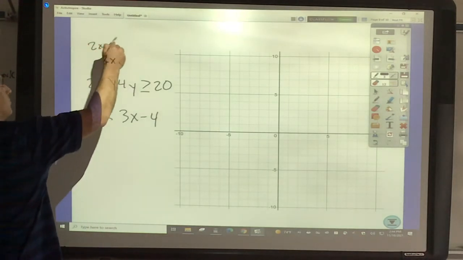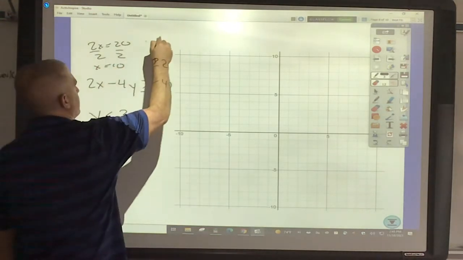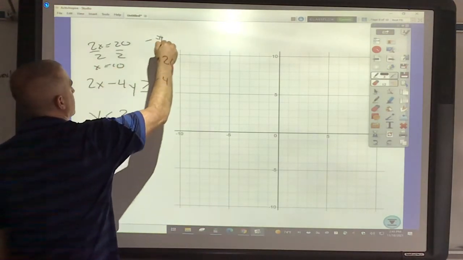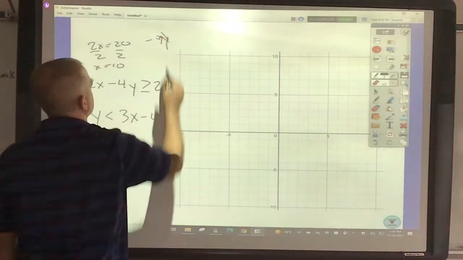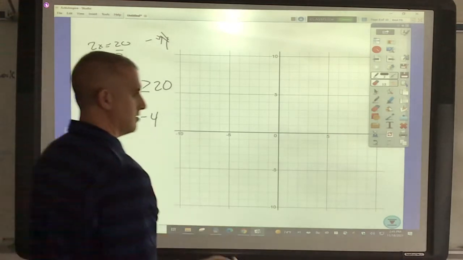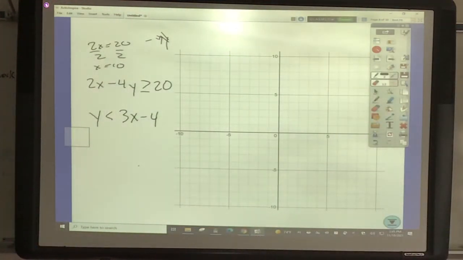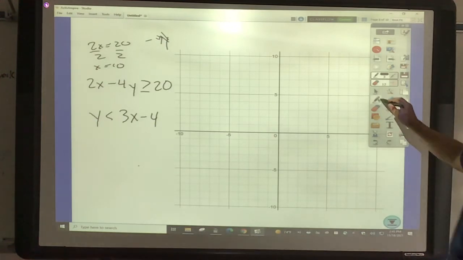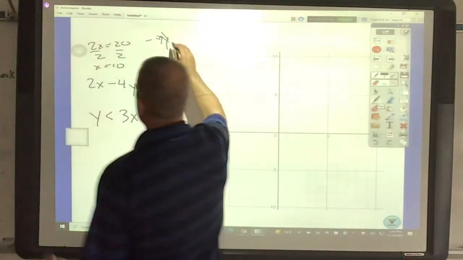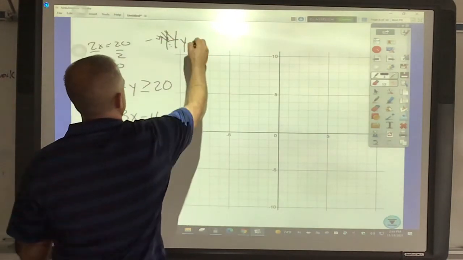So I got 2x equals 20, divide by 2, I got x equals 10, negative 4y equals 20. I don't know why it's doing that. All right, that's weird.